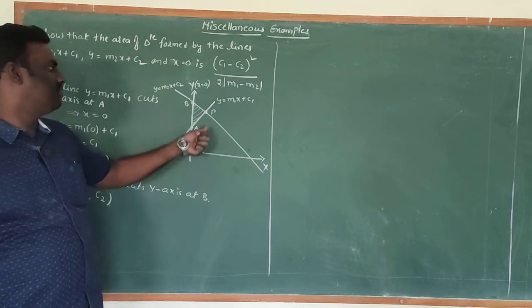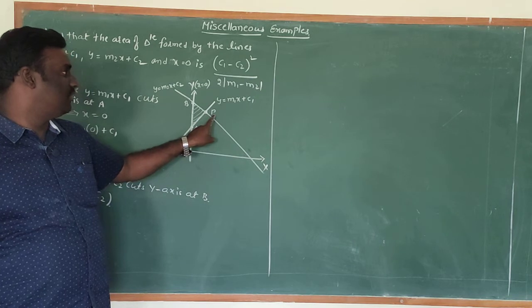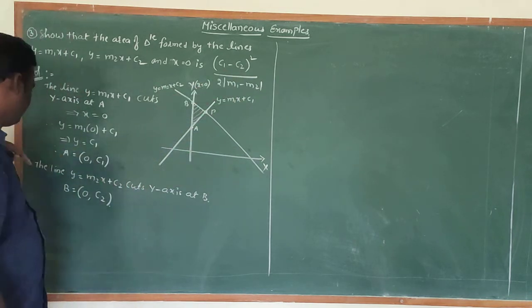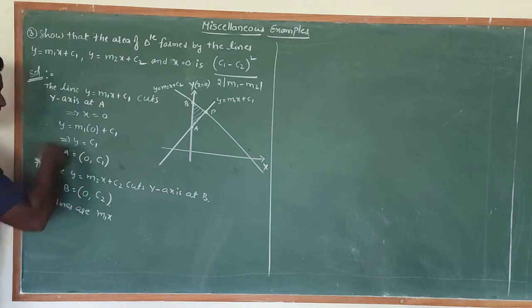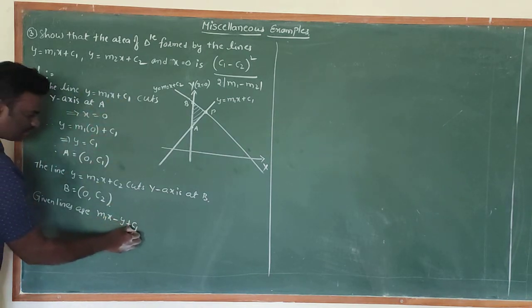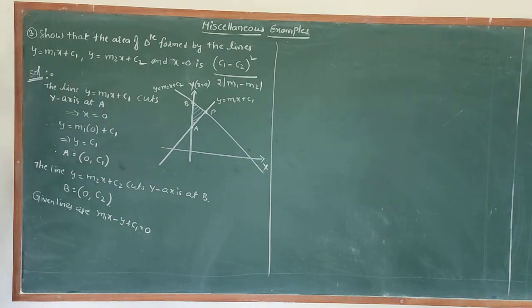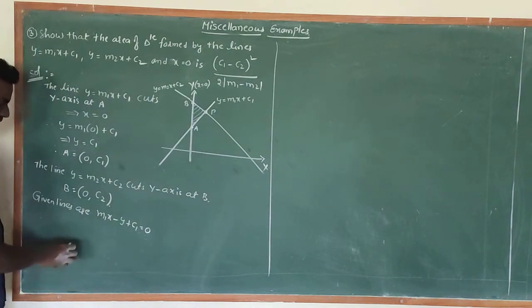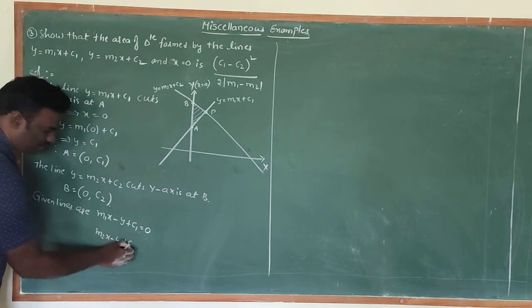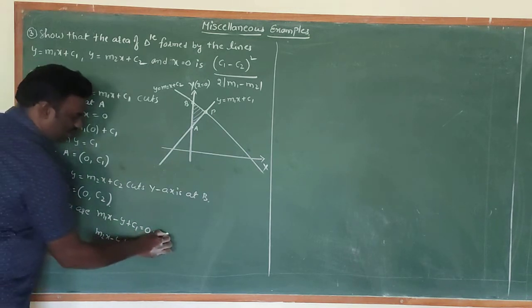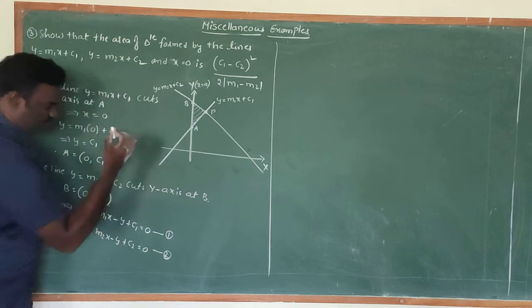Now which point do we need to find? P point. P is the point of intersection of this line and this line. Next, the given lines are: first line, m1x, this y comes to this side, minus y plus c1 equals 0. One more, m2x minus y plus c2 equals 0. This is equation 1, this is equation 2.